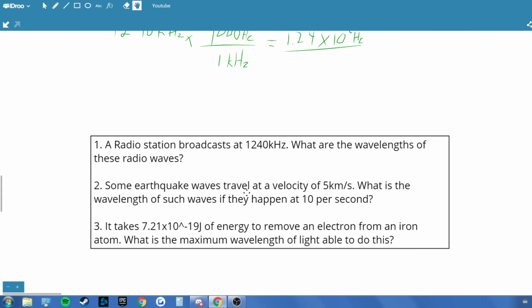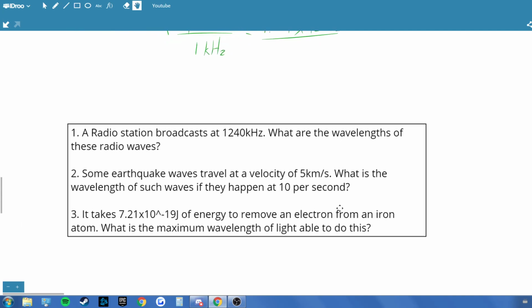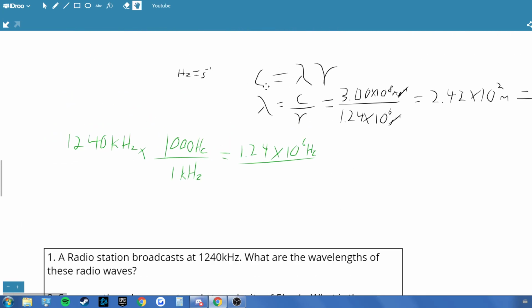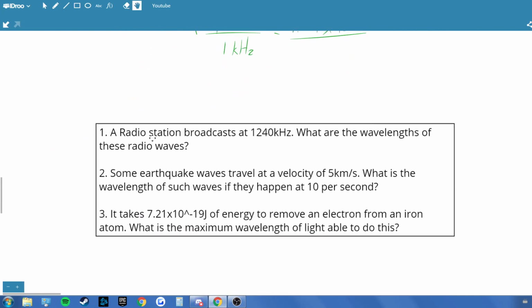Some earthquake waves travel at a velocity of 5 kilometers per second. What is the wavelength of such waves if they happen at 10 per second? So this one is a little bit different. We can't use this formula anymore because it is not a wave of light.